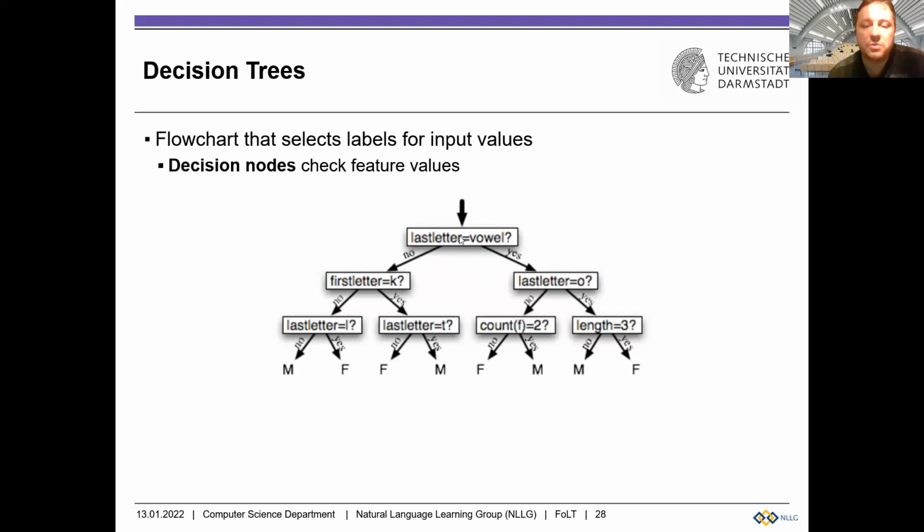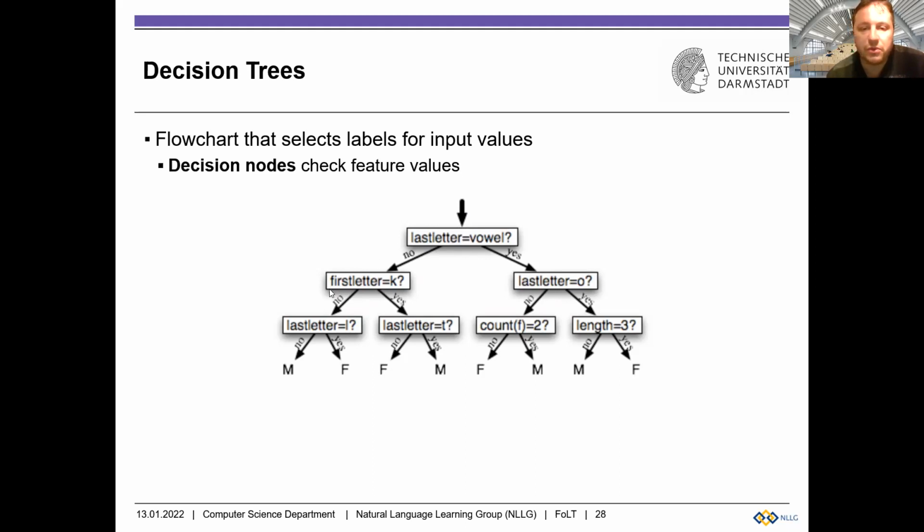For example, let's assume we want to classify a name, that is a sequence of characters, into whether this is a female person or a male person, and at least for European names, we can guess that based on the form of the name. For example, a name like Marta would be a female name, whereas a name like Carl would be a male name.